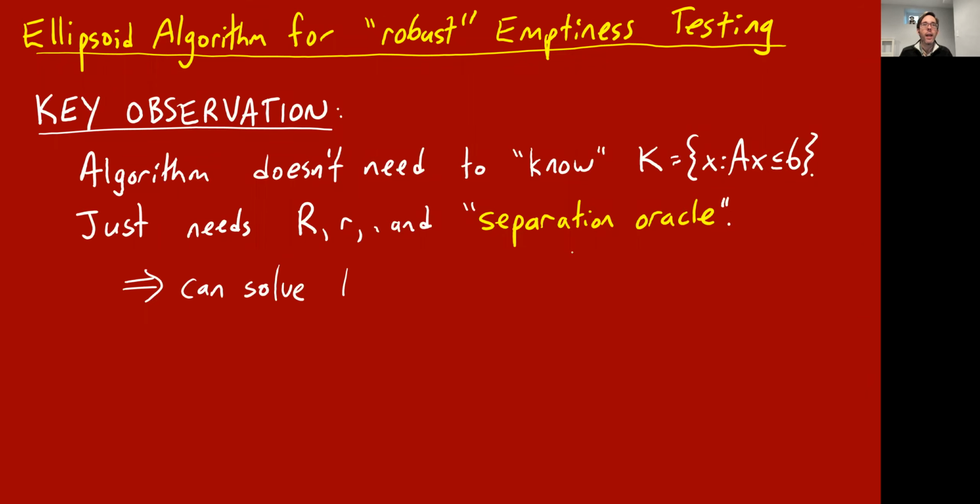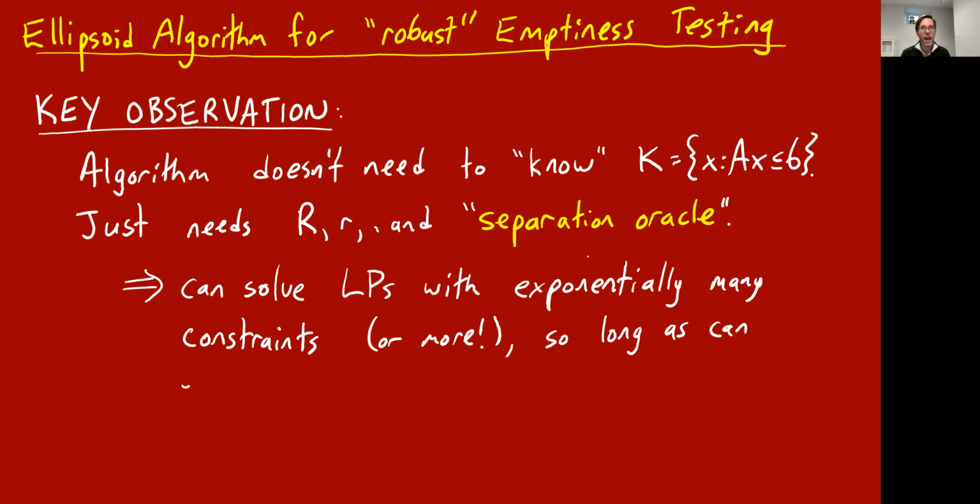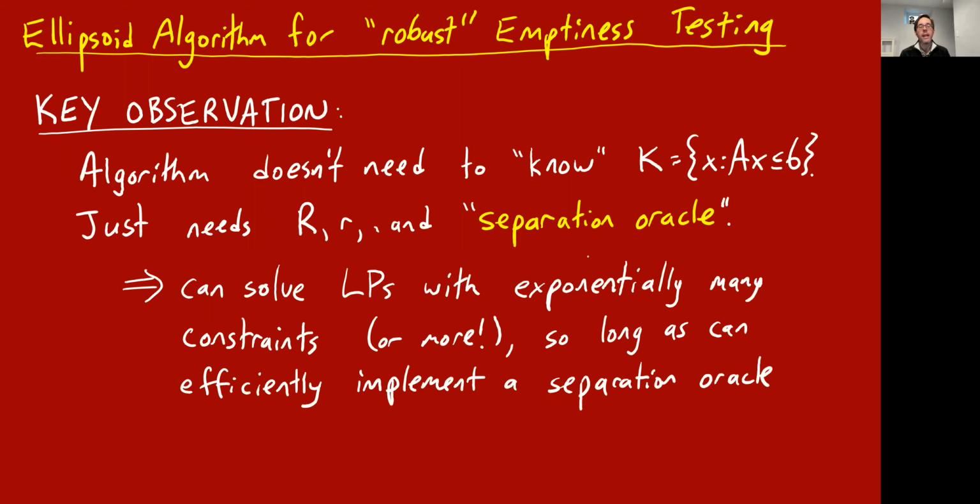And the reason that this fact is so cool is because it means, in a certain sense, you can actually solve linear programs with exponentially many constraints, or in fact, even more than exponentially many constraints, as long as you can efficiently implement a separation oracle. We won't get into this too much, but this idea has a lot of applications in algorithms.